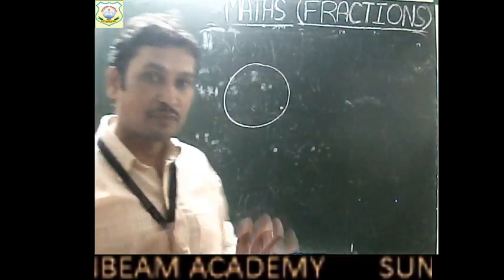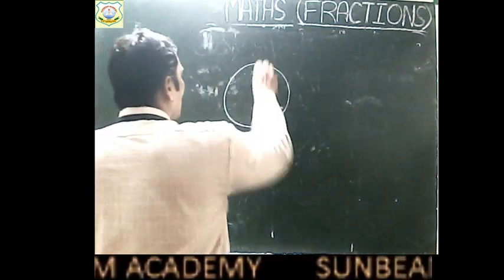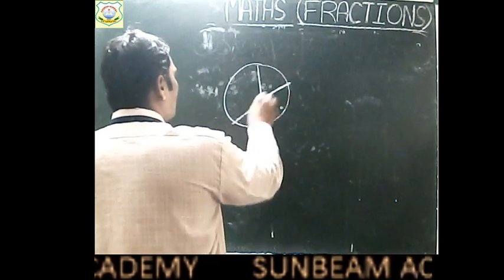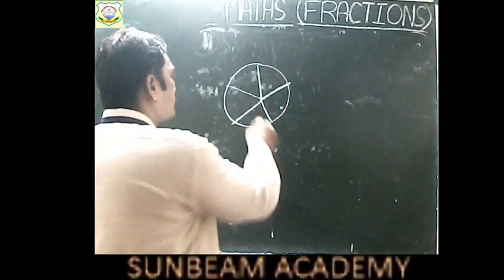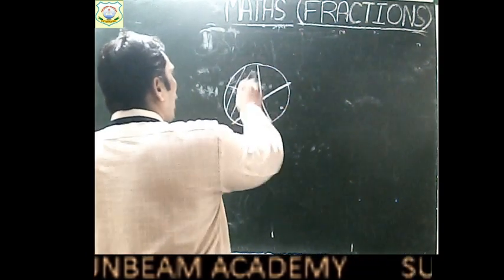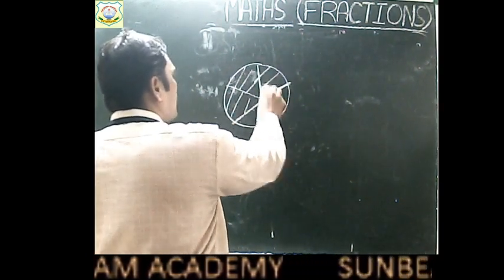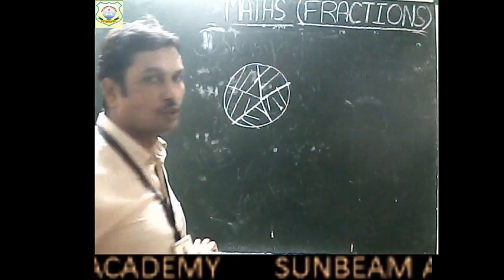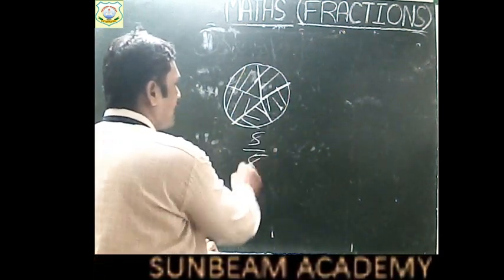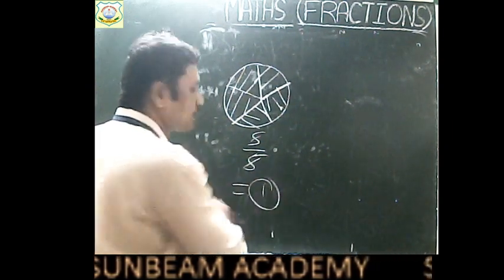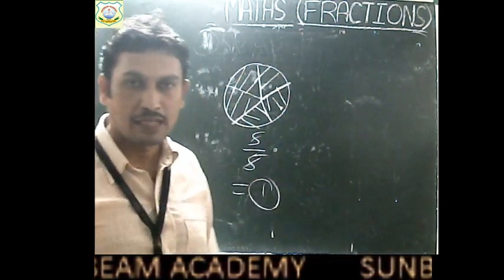I am taking the same example, and you have divided it into 5 equal parts, right? Out of these 5 parts, you have taken all 5 parts. Okay? So you have got 5 by 5, so it means you have got the whole one apple, right?